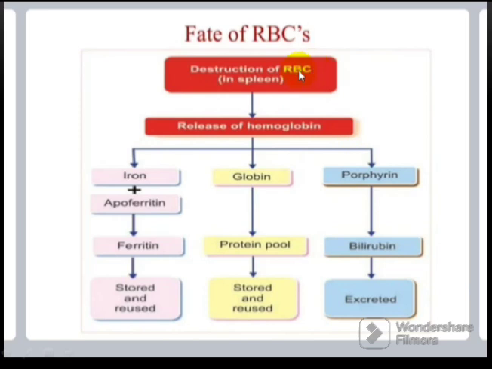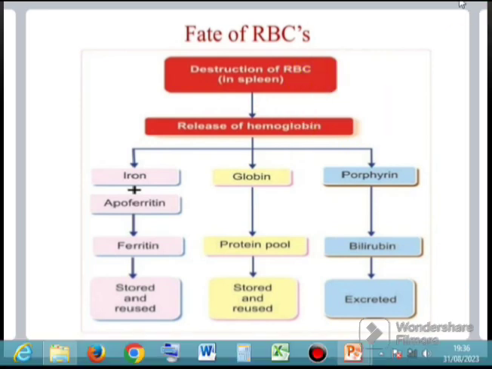Good. Now this slide shows you the fate of red blood cells after 120 days. In the spleen, red blood cells are destroyed, causing the cells to release hemoglobin.